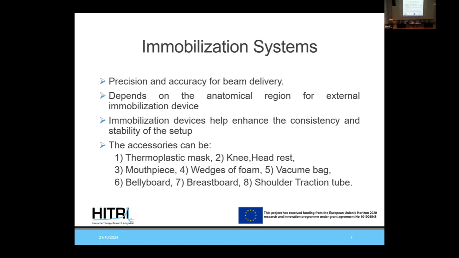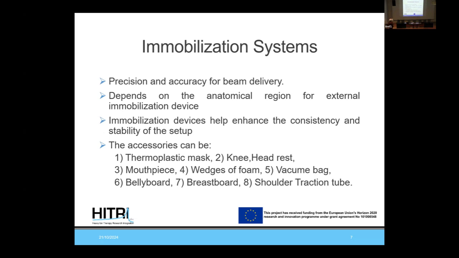But before we decide what kind of immobilization, we have to see the anatomical region. It's very, very important. After that, we decide whether to use a thermoplastic mask, knee headrest, mouthpiece. We can use wedges of foam so we can keep the head or the leg still, everything.